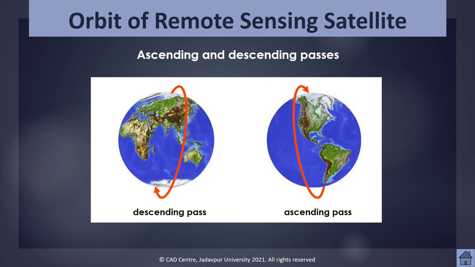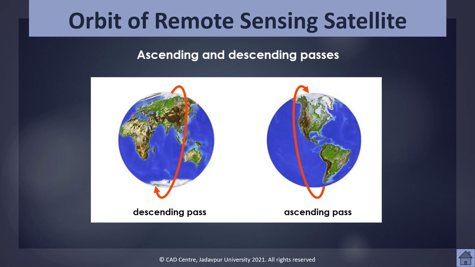Now the sun will illuminate one side of the earth, and that means one side of the earth will get the sunlight, and the other side will be in the shadowed area. Now which pass is in the sunlit portion of the earth, and which pass is in the darker side of the earth?